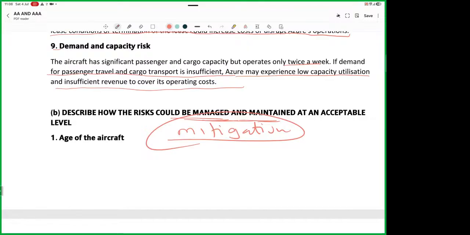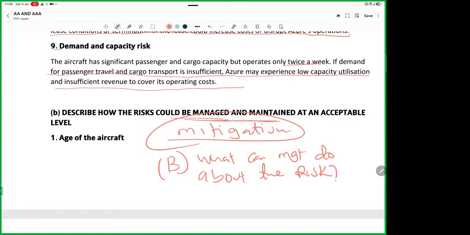But remember this second part, ladies and gentlemen, on mitigation, we are asking ourselves, what can management do about it? So I want to hear from you. I'll give you exactly 2 minutes. Everybody, remember you've already raised your risks.